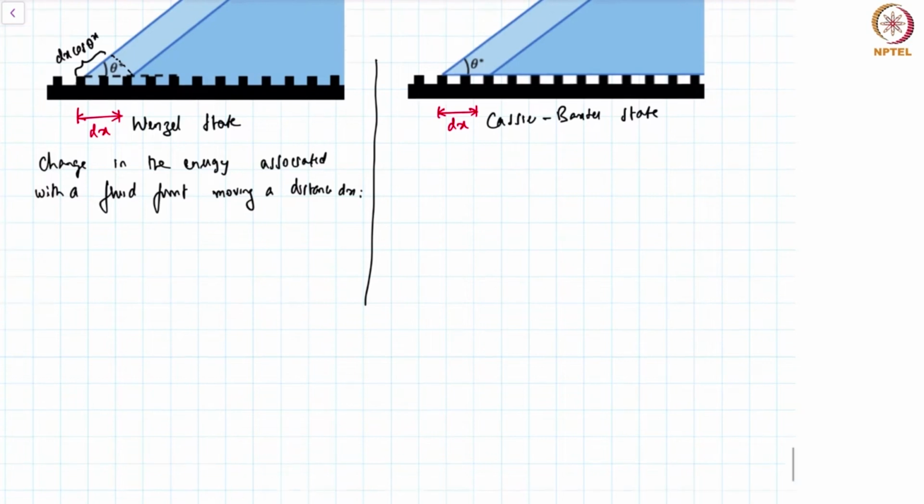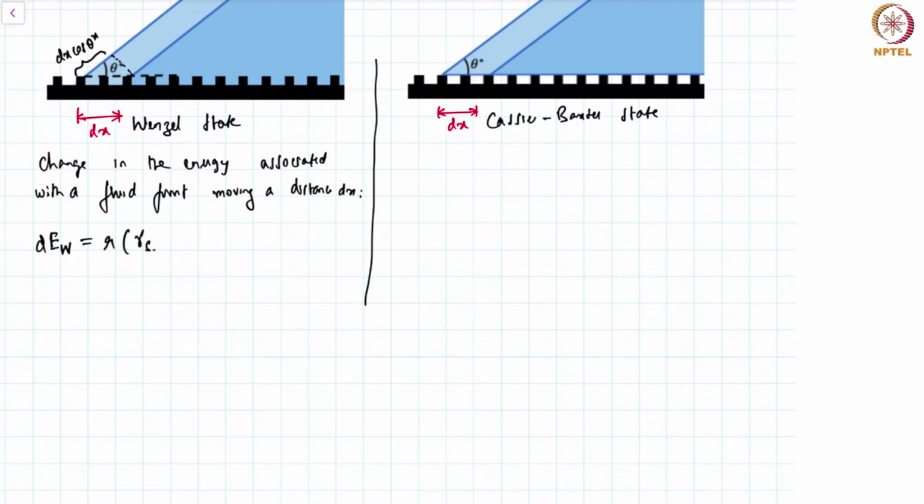So the change in the energy, we'll call it dEw, where the subscript w represents that we are writing this for a Wenzel state. This quantity would be r, the roughness element, times (gamma SL minus gamma S) dx. We have increased the roughness on the surface.